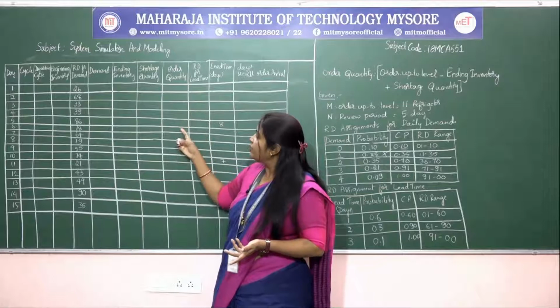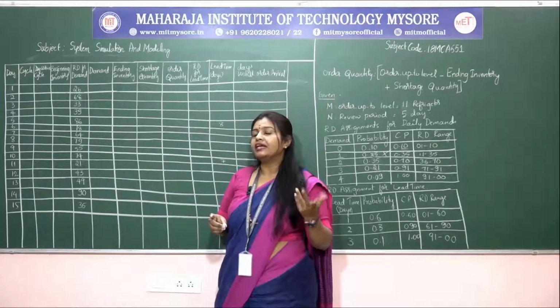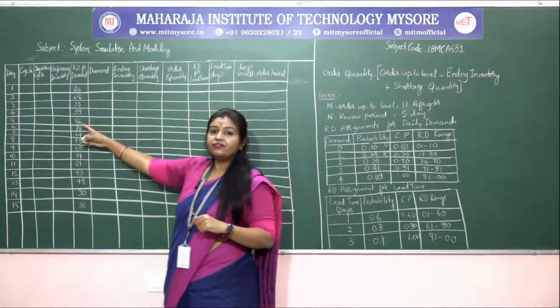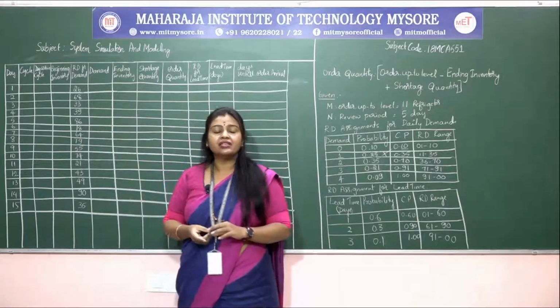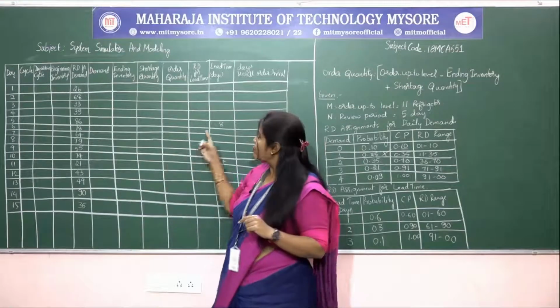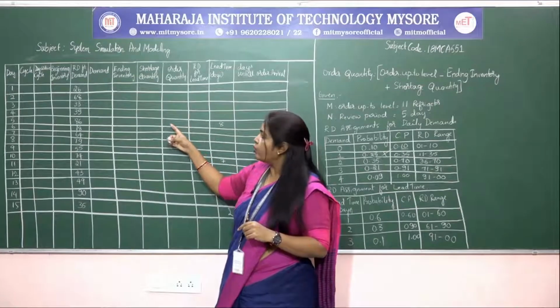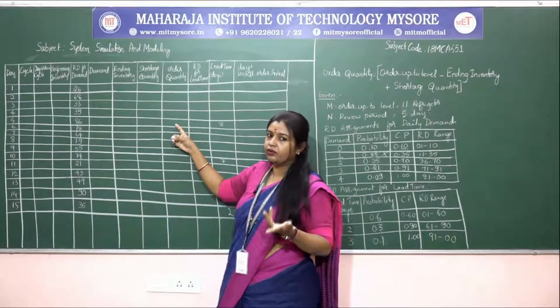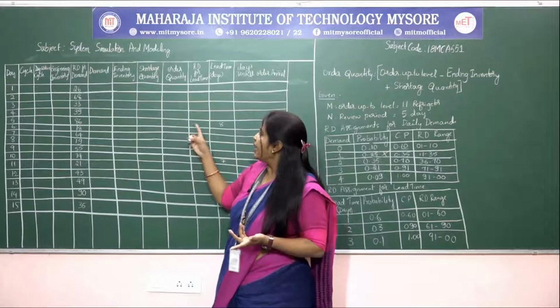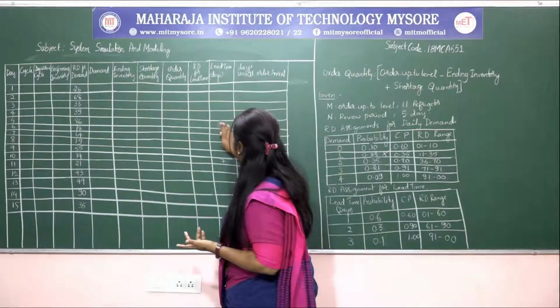The order quantity we always calculate on every 5th day, because the 5th day is the review period. So every time we are not going to calculate the order quantity, but on the 5th day we review and calculate the order quantity. Then we need a lead time RD.